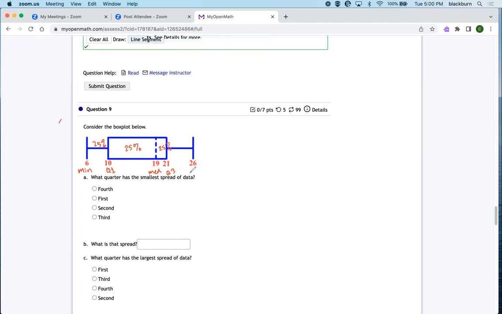And then the max is 26, and 25% of the data lies between those two values.